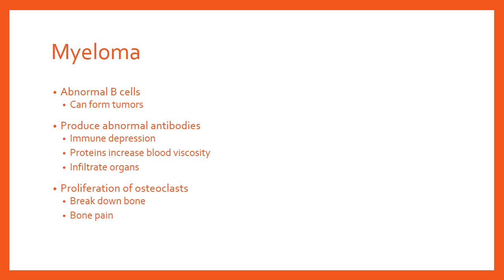Multiple myeloma is one of the most common types of plasma cell disorders. It's relatively rare, about 1% of all cancers, but among blood cancers it may increase up to 20%.